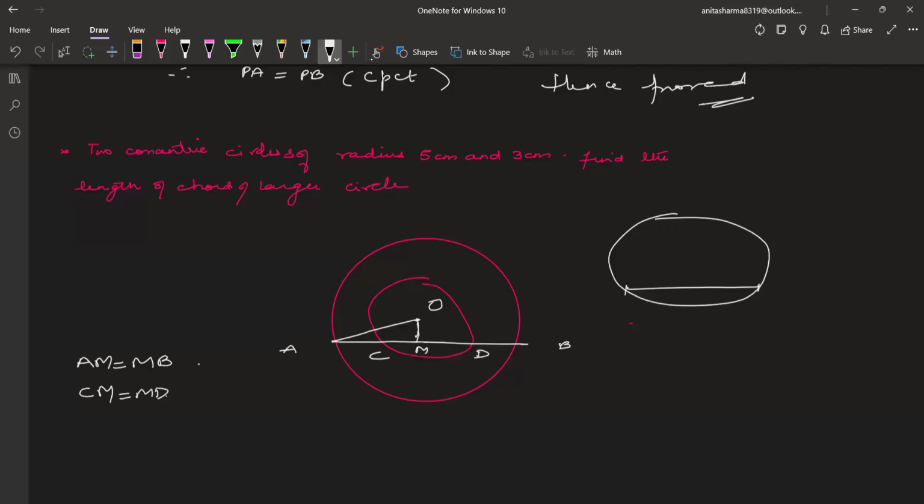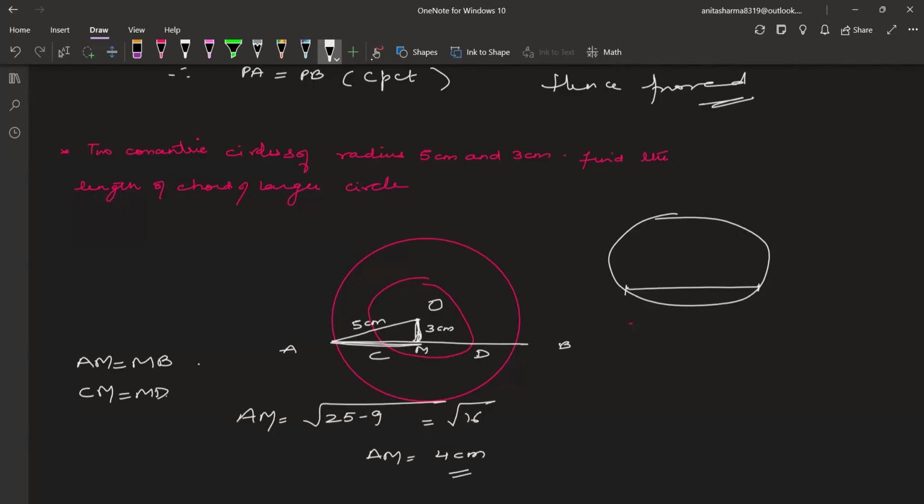Now they are saying that the radius of the smaller one is 3 centimeters. So this will be 3 and it will be 5 centimeters. Right, beta? So you can find AM by Pythagoras theorem. So it will be under root 25 minus 9, under root 16. So AM will be equal to 4 centimeter.